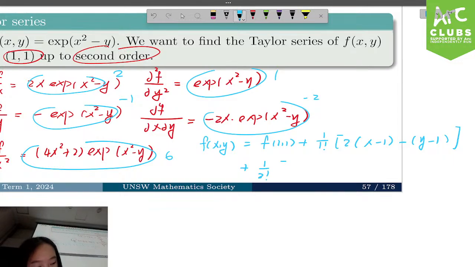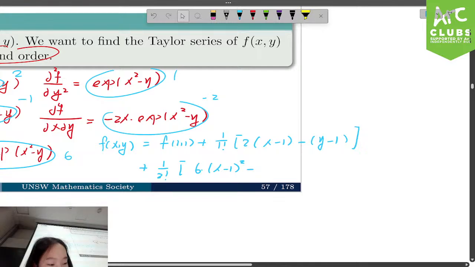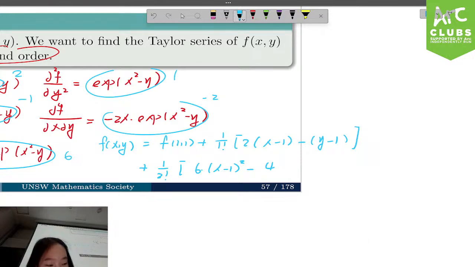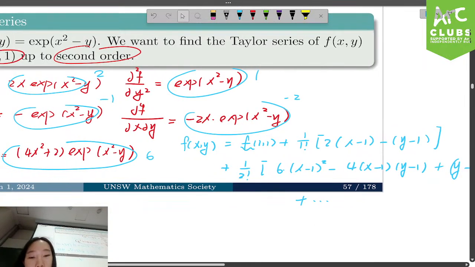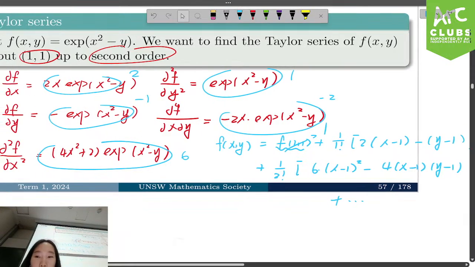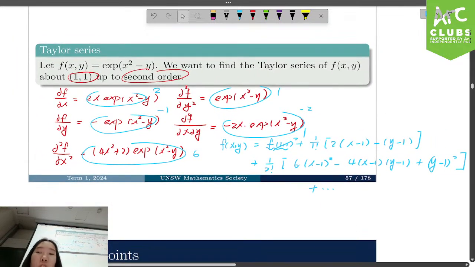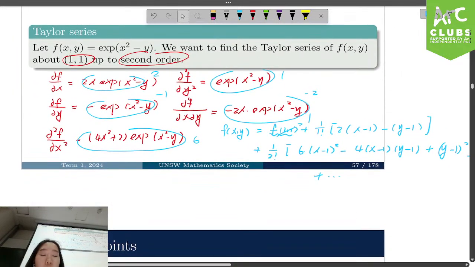And then we have 1 over 2 factorial, 6 times (x − 1) squared. And then don't forget our 2 over here, our coefficient is 2. So in total, I have 4 times (x − 1)(y − 1). And then plus (y − 1) squared, and plus dot dot dot. So this is our Taylor expansion, and if you substitute f(1,1), that would just be 1. It's only asked up to second order, so you can just leave it here.